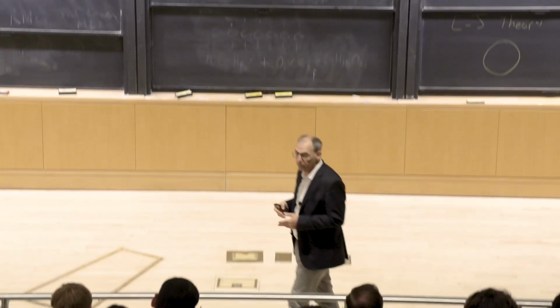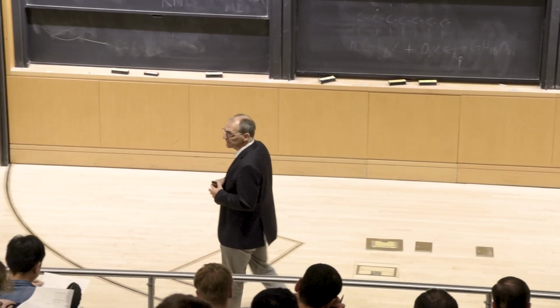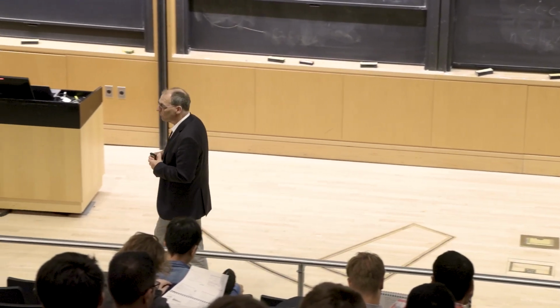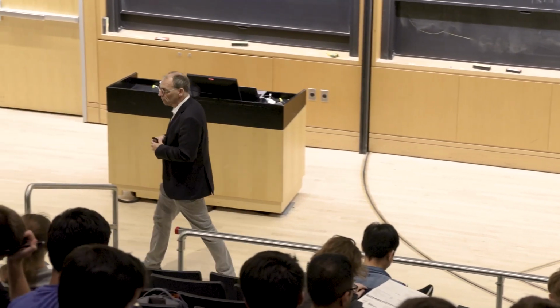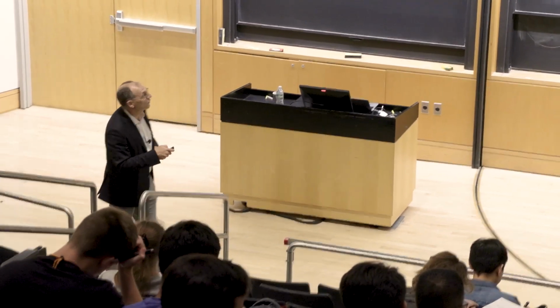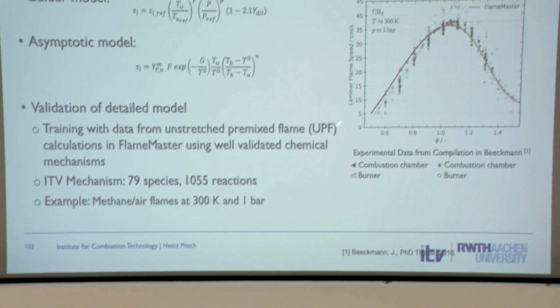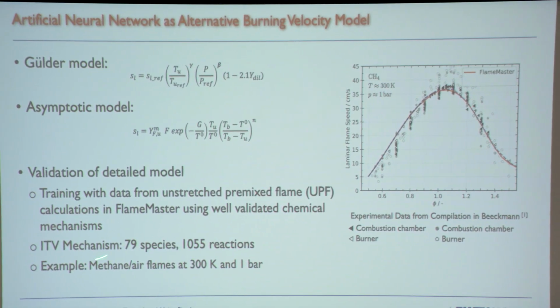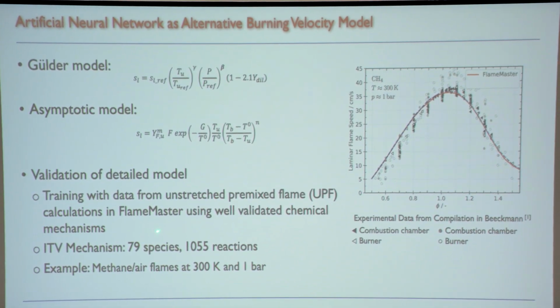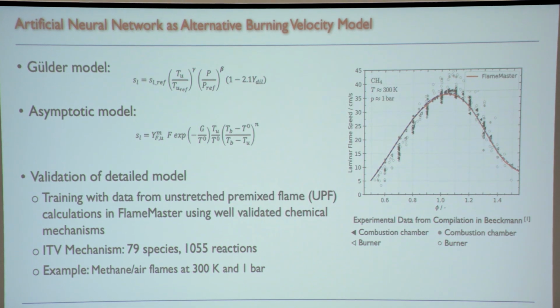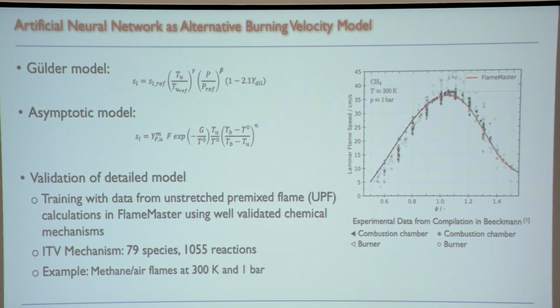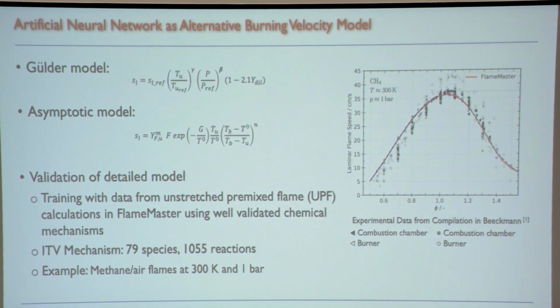Today, if we want to fit something, we use machine learning type models or artificial neural networks. So this shows an example where we have used an artificial neural network to make a fit for methane burning velocities. Most of these fits work only for lean flames.